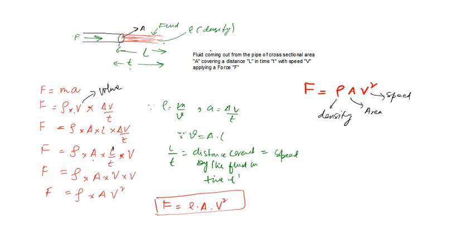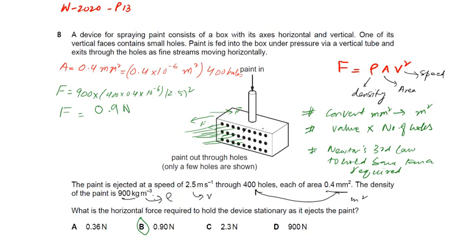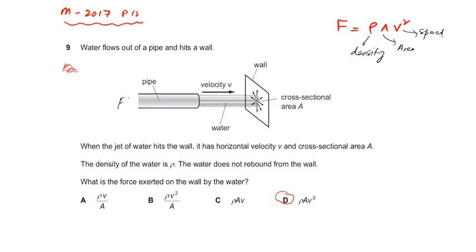Now check how we apply this formula and under which conditions. Okay, so let's say we have this May June 2017 paper 1 2, and the question number is 9. Water flows out of a pipe and hits a wall, right?